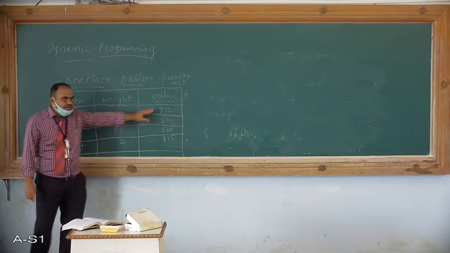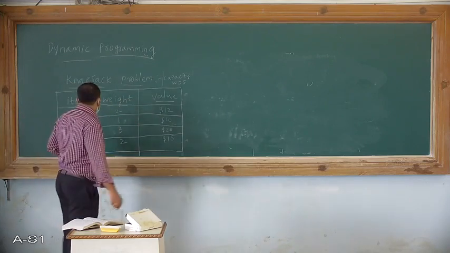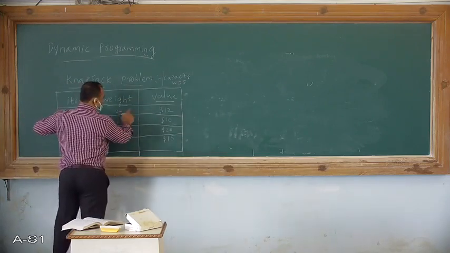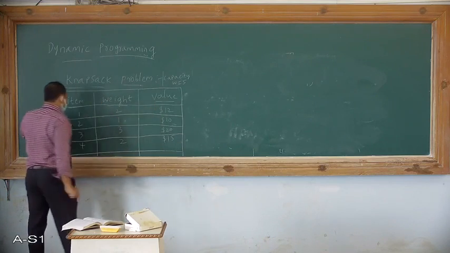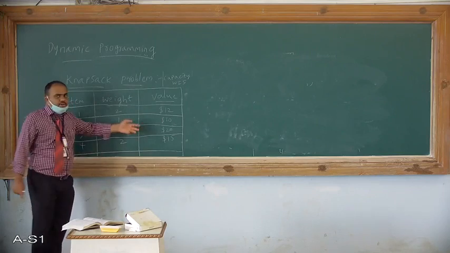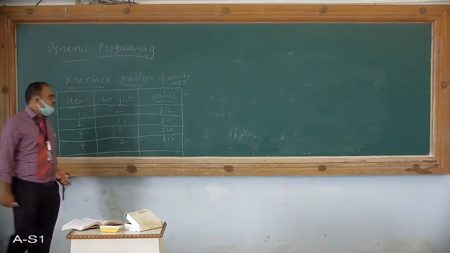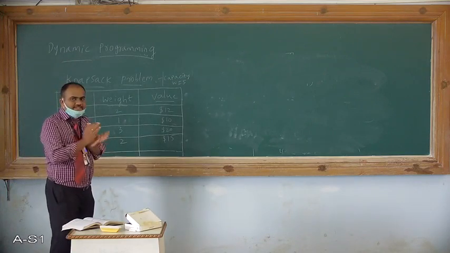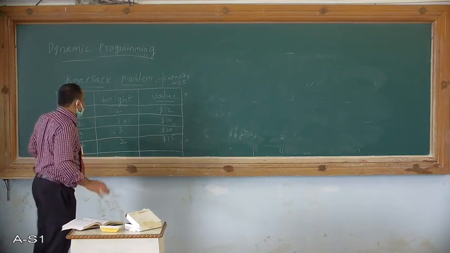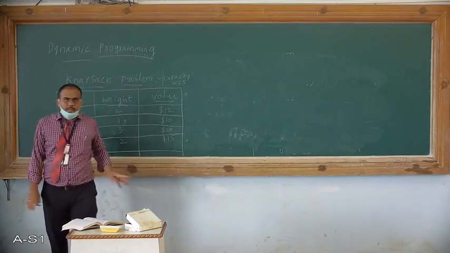What is the value associated with the item and the weight? So we can see here, item 1 with weight 2 has value 12. Similarly, item 2 has value 10, item 3 has value 20, and item 4 has value 15. So like this, we will be getting the item, weight and value, with the capacity W equal to 5.